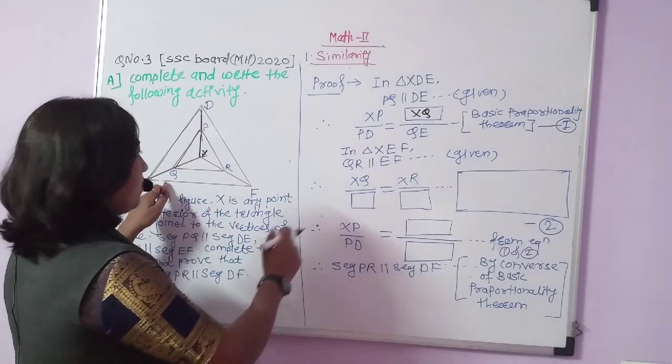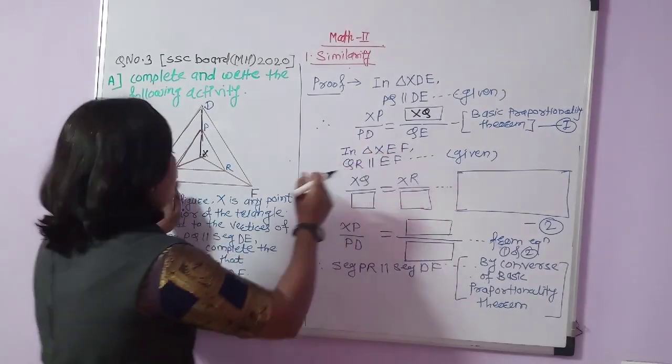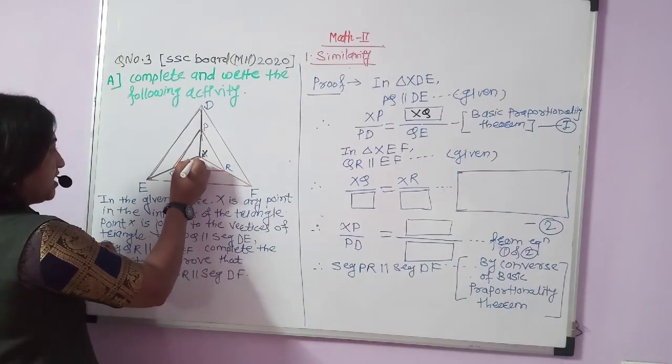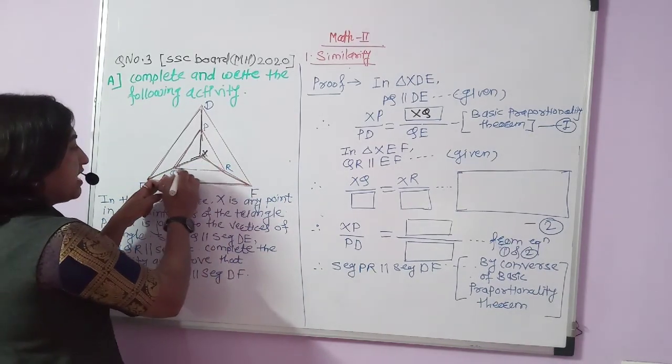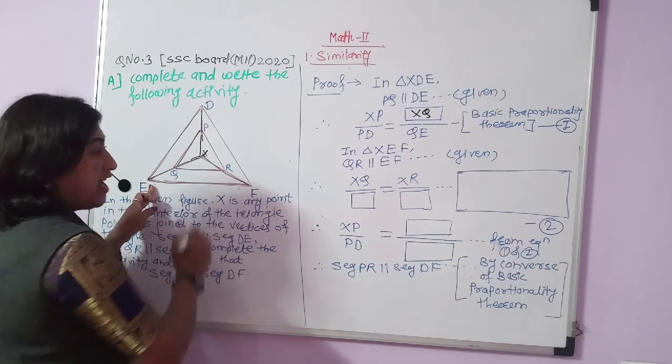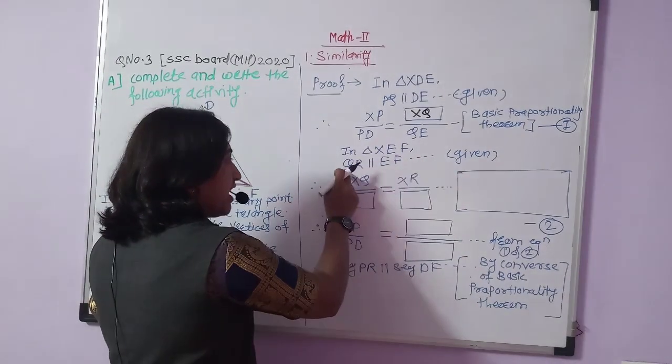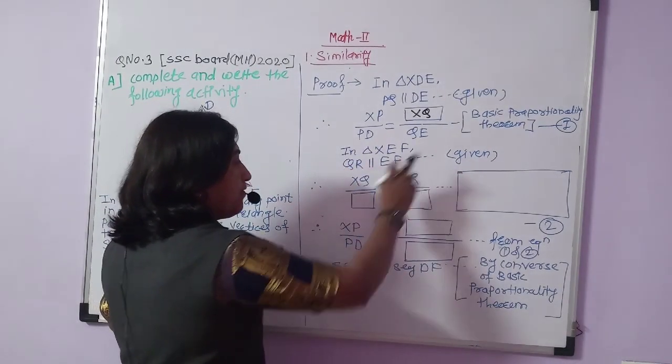Then next, in triangle XEF. See here, where is this triangle XEF? This is the triangle XEF. In this triangle, seg QR is parallel to seg EF. This is given.